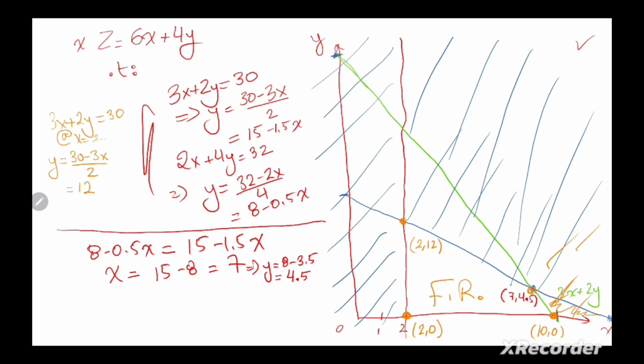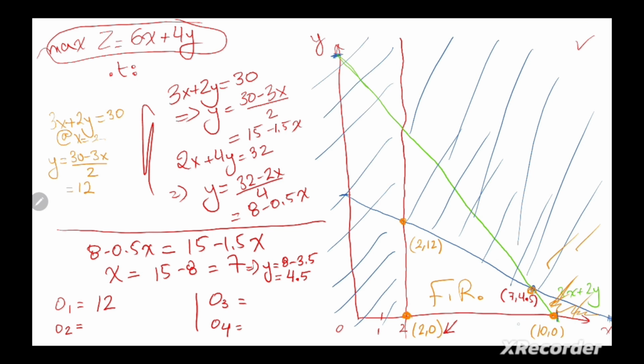Now I have all my vertices. I replace them into my max function, 6x plus 4y. We have option 1, option 2, option 3, and option 4. And we get their values. Option 1 is 6x plus 4 times 0, so the result is 12.